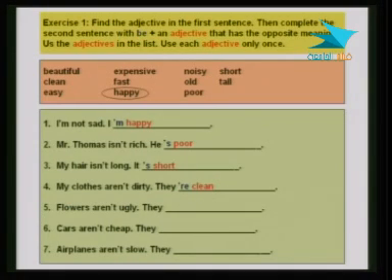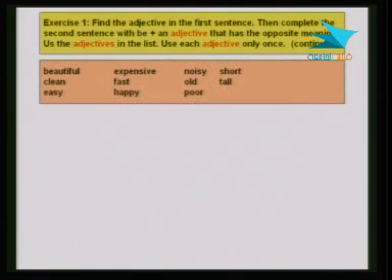Flowers aren't ugly. They're beautiful. Number 6. Cars aren't cheap. They're expensive. Airplanes aren't slow. If they're not slow, then what? They're fast. You're right.